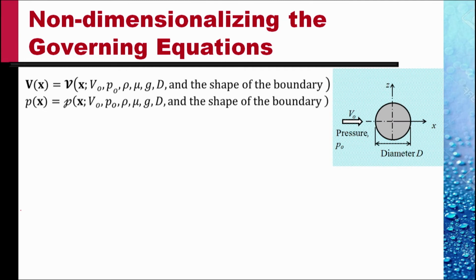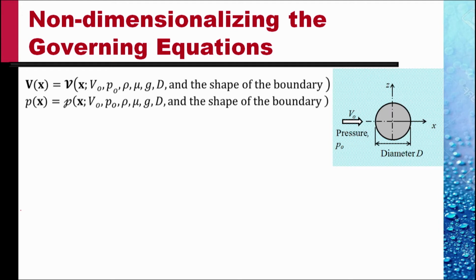Now, the dependent velocity, that is the components u and v, as a function of the independent variables x and y, can be written as a function of the vector x, the location vector x, which consists of scalar quantities x and y, and the list of independent parameters.